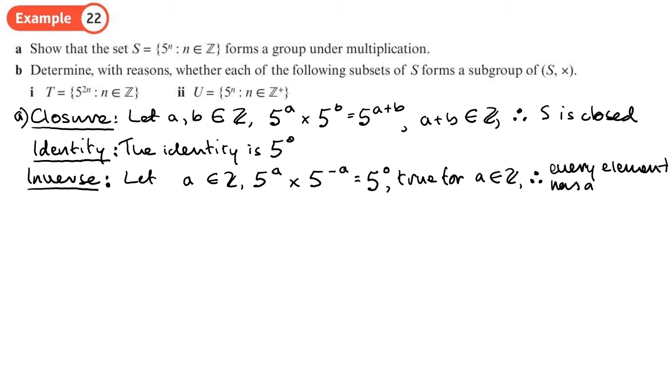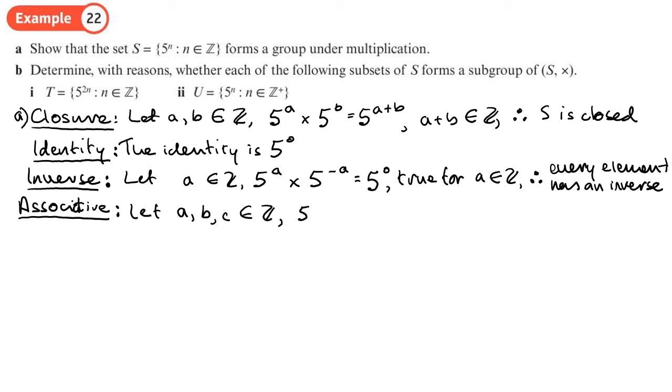Now in this one, associativity isn't assumed, so we need to check for it. Is this group associative? Okay, so let's have a, b and c be integers.